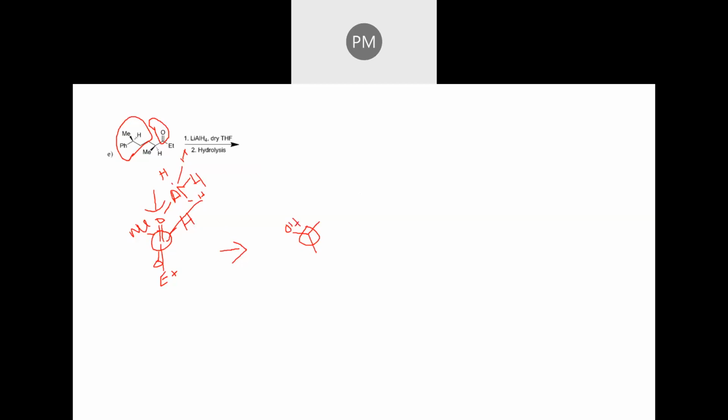Oh, this one is not methyl, this one is ethyl. Sorry, no, no. Oh, this one is methyl. This will be OH. So there will be one H, and below will be this ethyl group.